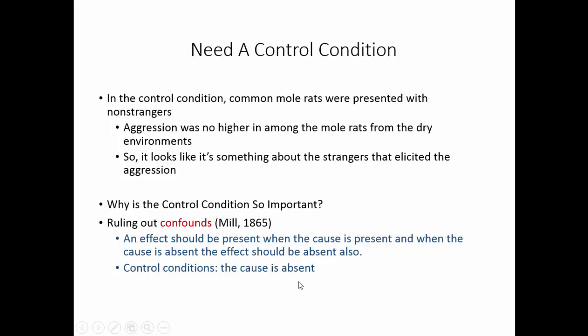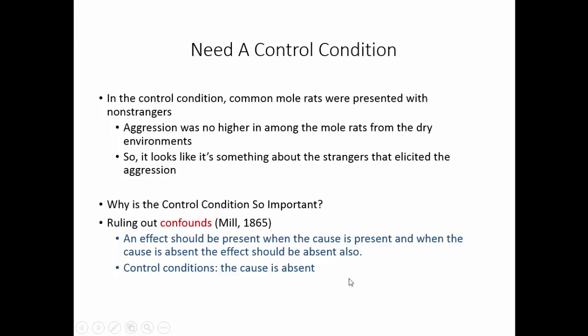So in a control condition, the proposed cause is absent. In your experimental condition, the proposed cause is present. So an effect should be present when the cause is present, and when the cause is absent, the effect should be absent, or at least decreased. That's why it's so important to have a control condition.